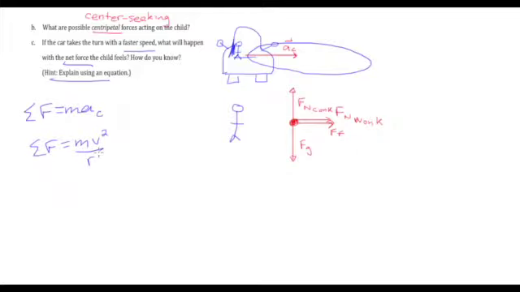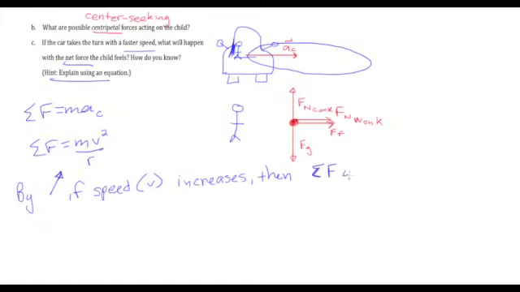Mass won't change, radius won't change, so only speed can change. So what we can say is by this equation, if speed v increases, then the net force will increase.